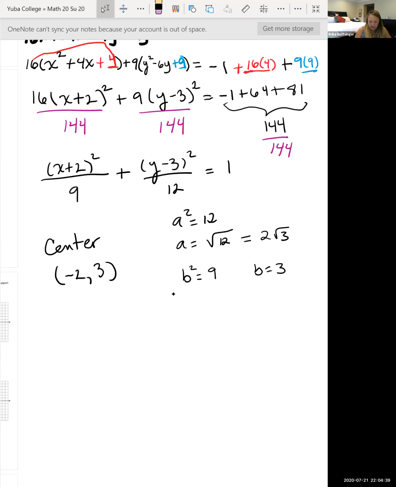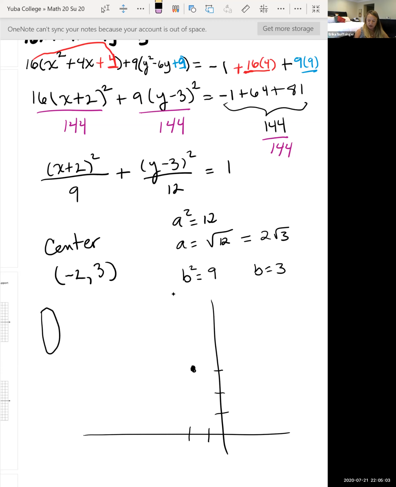And so I'm just going to graph it here. Let's locate the center, negative 2, 3. Because the larger value was underneath the y, we said it was elongated this way.